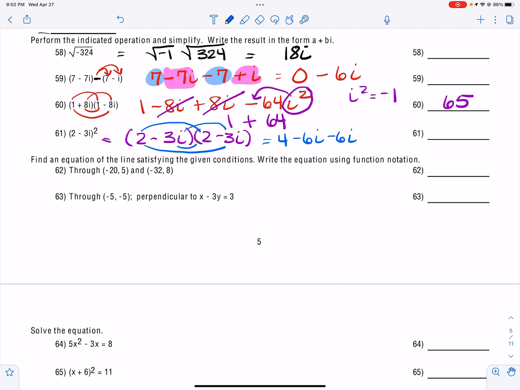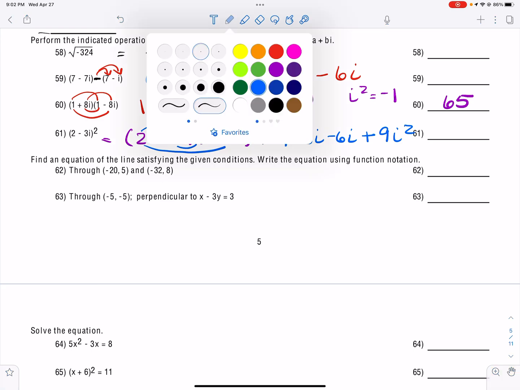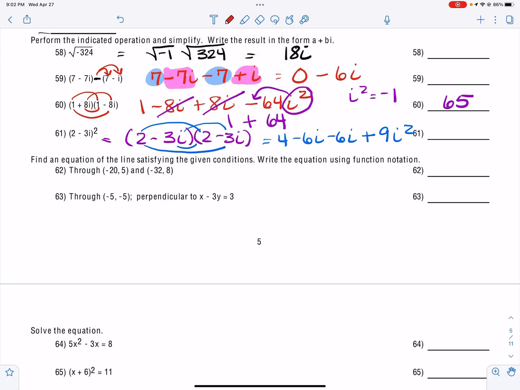And the last is positive 9i squared. So I'm going to cross this out. Positive 9i squared is the same as -9. And so now I can take 4 minus 9 and get -5. And -6i and -6i make -12i.